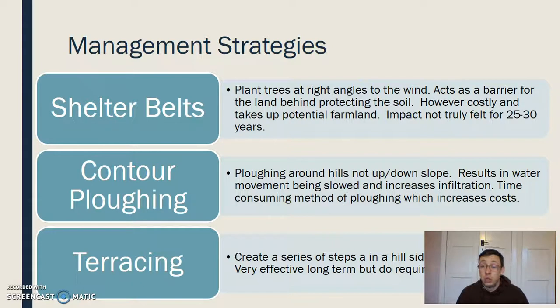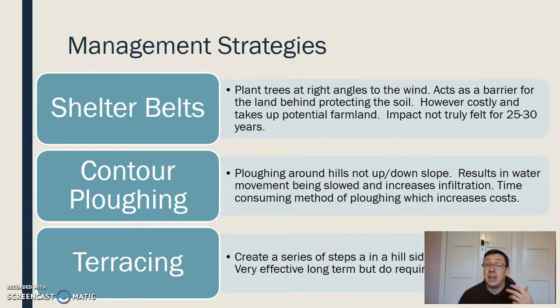You can also have contour ploughing, which, if you've got a hill, rather than ploughing straight up and down the side of the hill, you go around the hill and you try and stay at a set height, and then you move down again and you keep going. This results in water being slowed, as in it can't just run straight off the hill down the furrows that you've just dug.